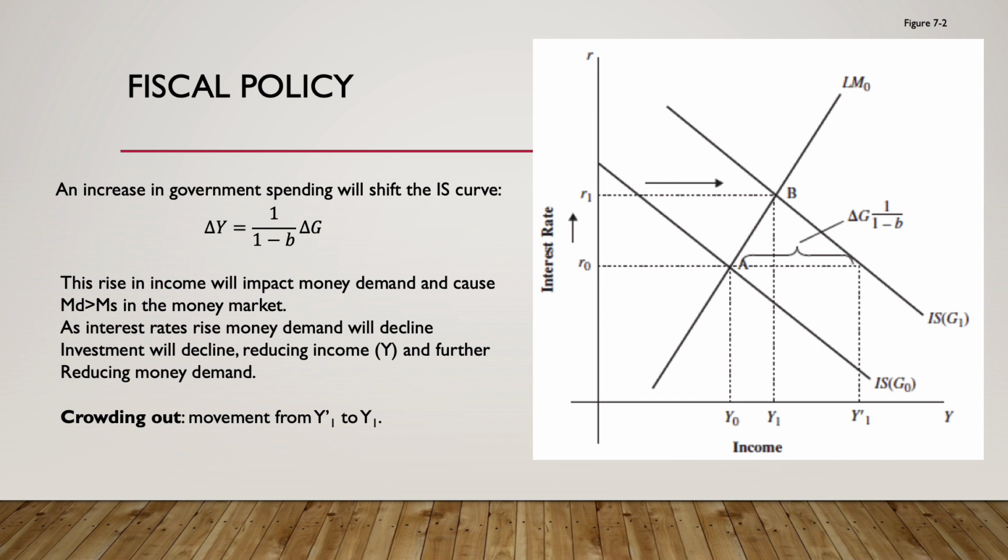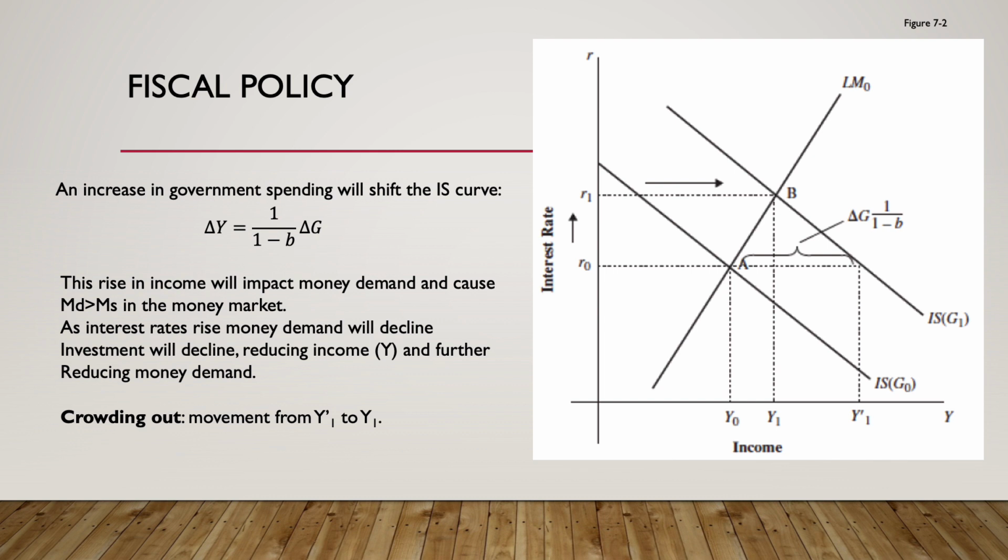Excess money demand will lead to people selling bonds, and so bond prices will fall and interest rates will begin to rise. As interest rates rise, money demand starts to decline to some extent. But this feeds back into the product market. Rising interest rates will reduce investment, and that reduced investment will hit a negative multiplier, reducing income.